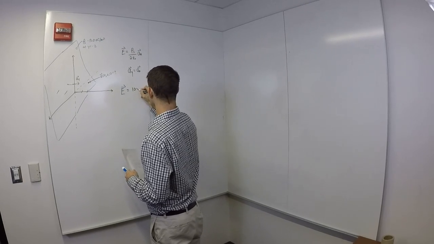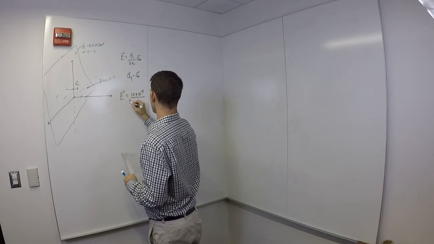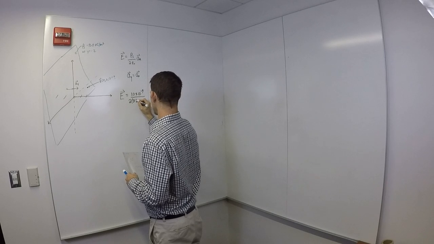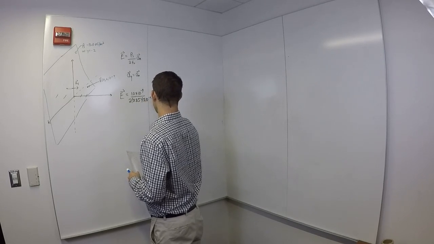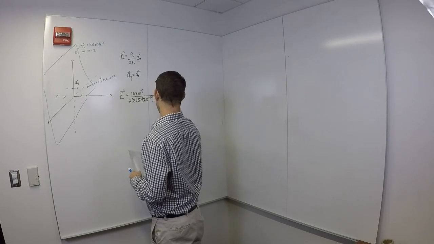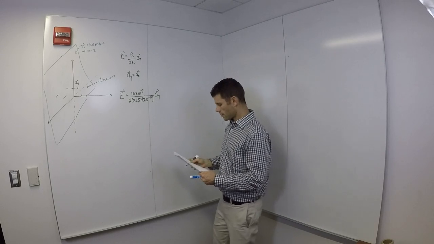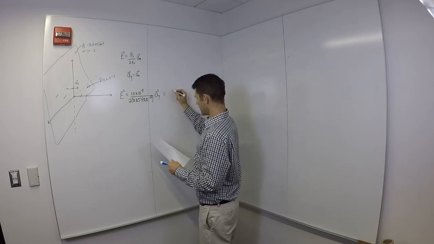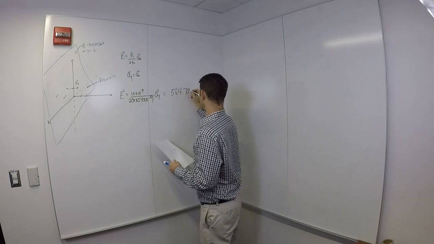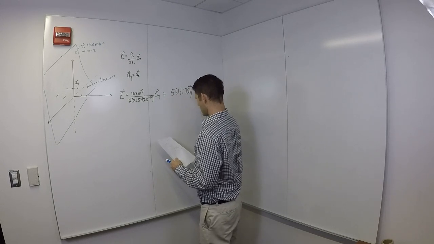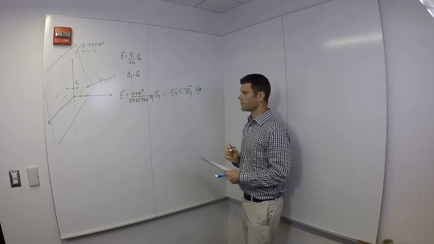So it's going to be 10 times 10 to the -9, that's coulombs per meter squared, over 2 times the permittivity of free space, which is 8.854 times 10 to the -12, and that's going to be in the AY direction, okay? And whenever we calculate that out, we get 564.7 times AY, and that's electric field intensity, so the units are volts per meter.